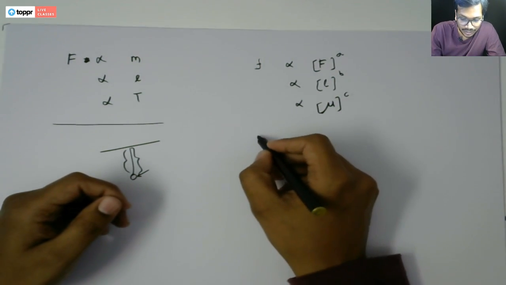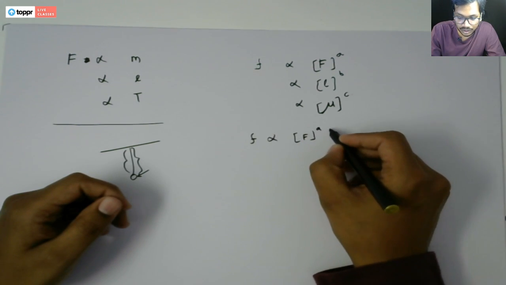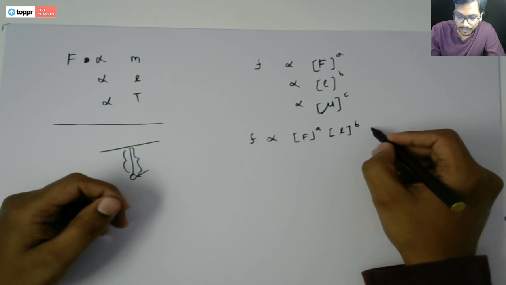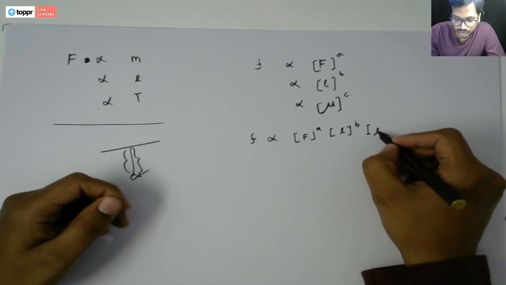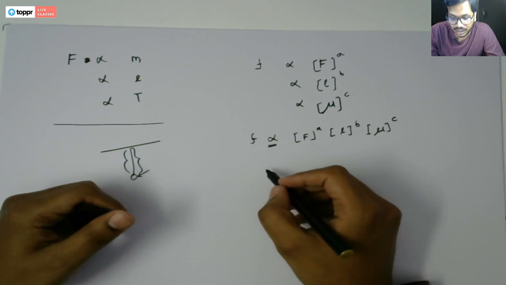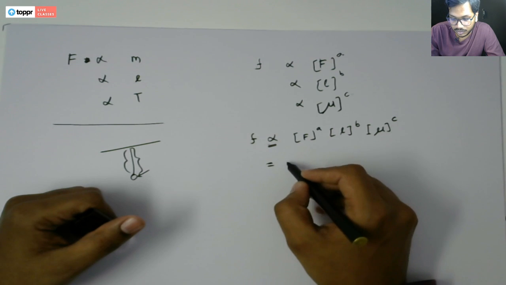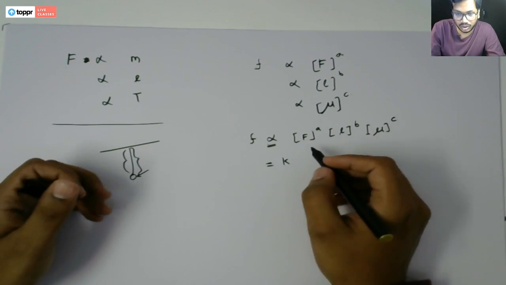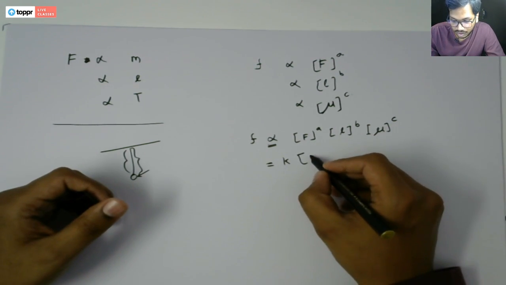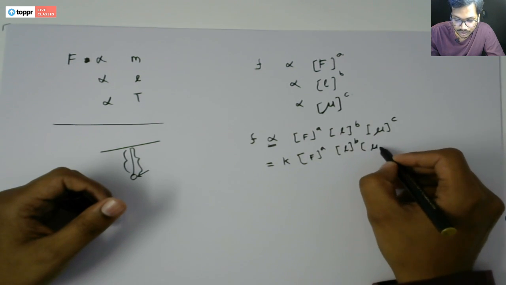Okay, so what I can write is f is proportional to F raised to a, L raised to b into mu raised to c. To remove this proportionality sign, I'm going to put an equality sign, which gives me f is equal to k, let's say a constant k, F raised to a, L raised to b, and mu raised to c.